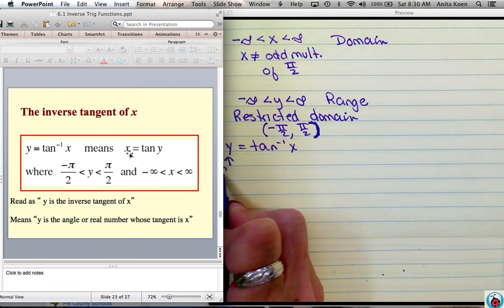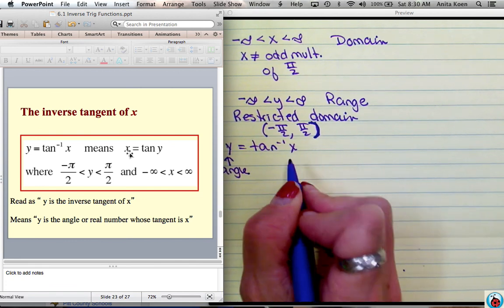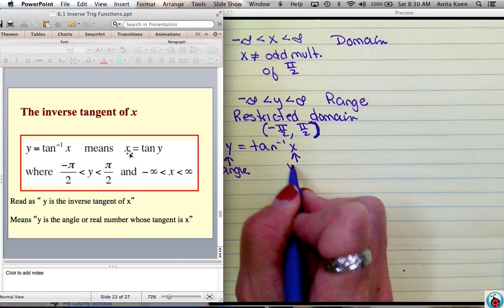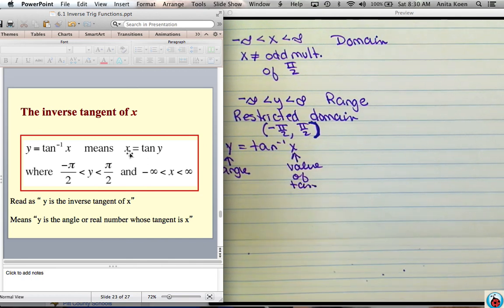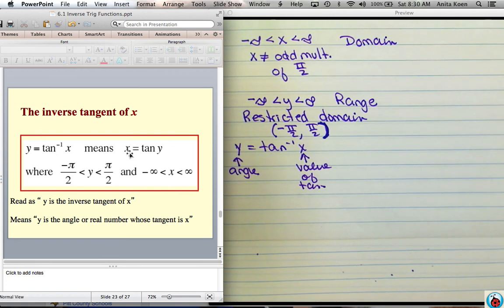Again, y is the angle that we're looking for, and x is the value of the tangent. Now remember, we have to be within the restricted domain of negative pi halves to pi halves, non-inclusive.